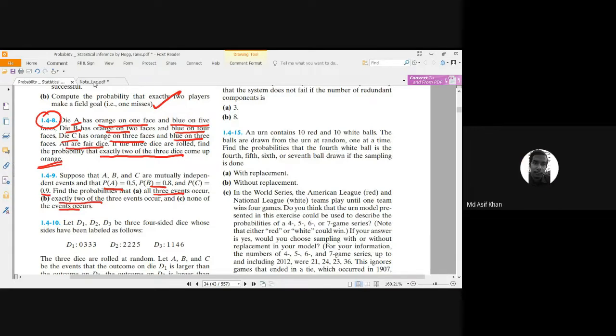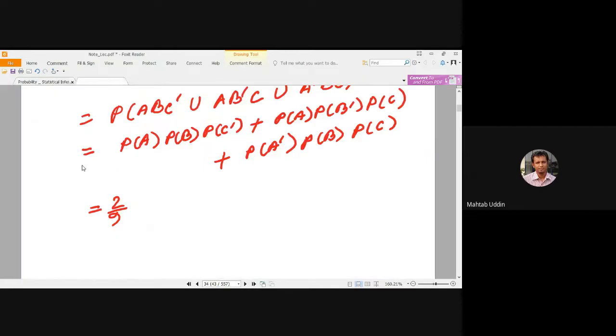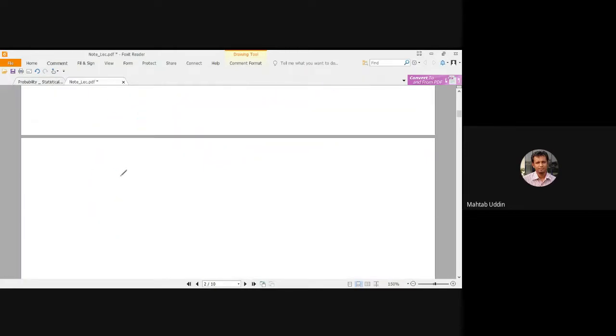Yes, sir. All 3 occur. So A, B, C, all 3 occur. That means what? P of A, B, C. Then as they are mutually independent, we can write what? Then exactly 2 occur.